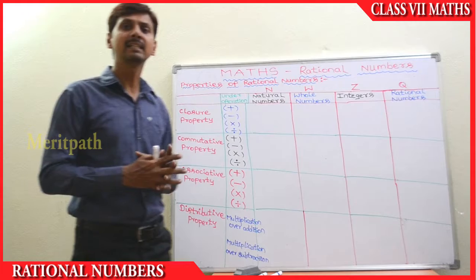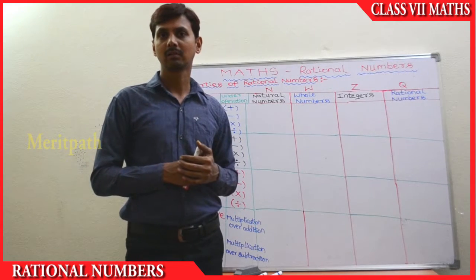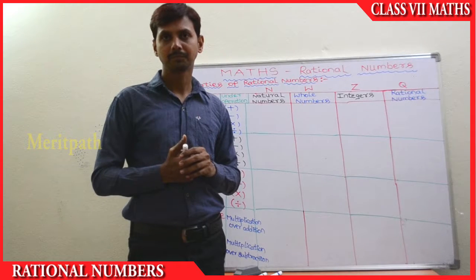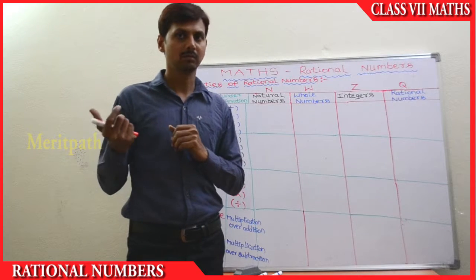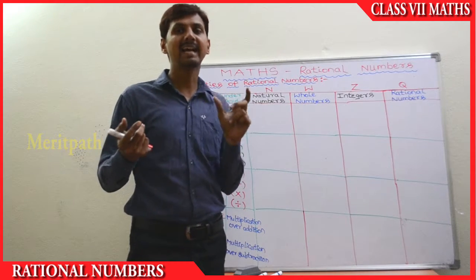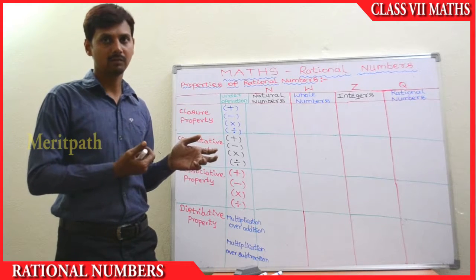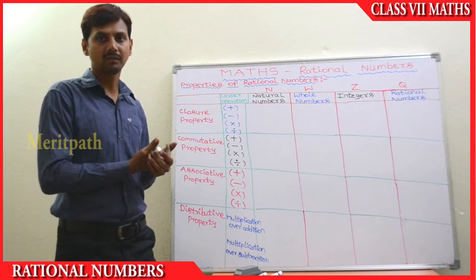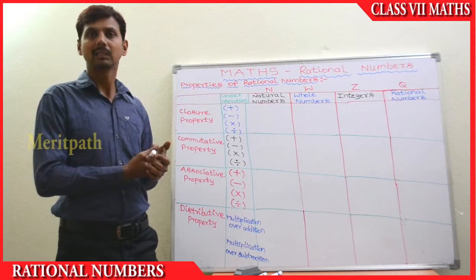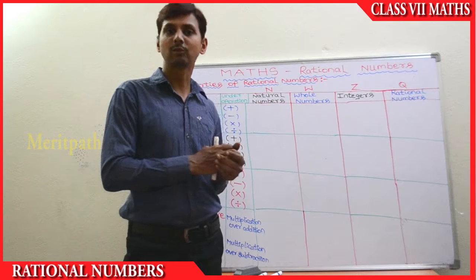The closure property is nothing but we take any two numbers, add them, and get a number. If we get the same kind of number that we have taken from the set of numbers, then we say the closure property is applicable on that particular set of numbers.